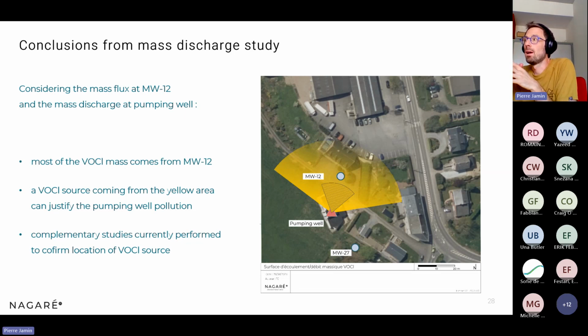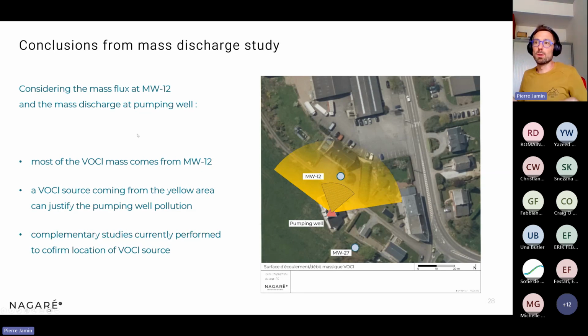And in fact, it was later shown that the chlorinated solvent source was in fact located in the north industrial site that we could see here with some cars and some lorries, and actually it was the correct location for the chlorinated solvent.